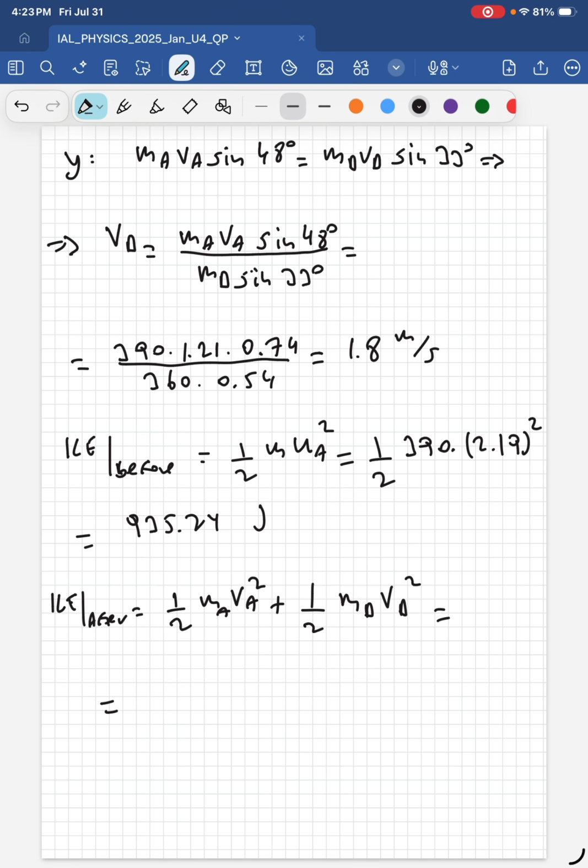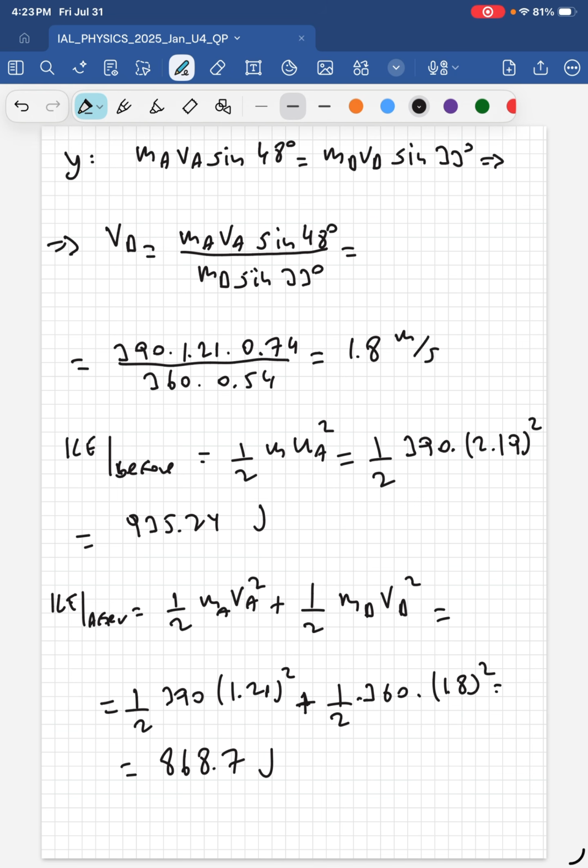So this is 1/2 times 390 times 1.21 squared plus 1/2 times 360 times 1.8 squared, and this evaluates to 868.7 joules, so not elastic. So this was problem 19, and we are moving on to the last problem.